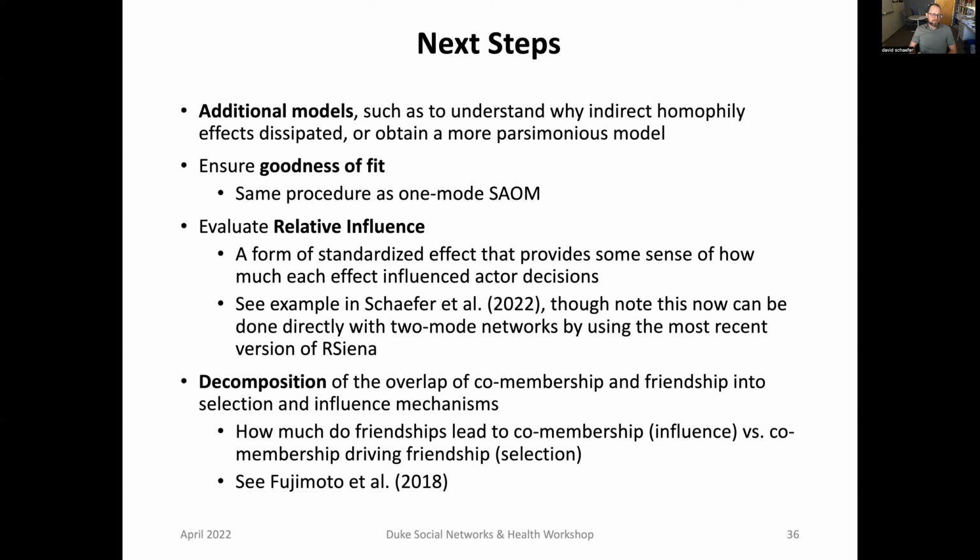You may also be interested in decomposing the overlap of co-membership and friendship. When we're talking about selection and influence, people often wonder which one is more important, one or the other.